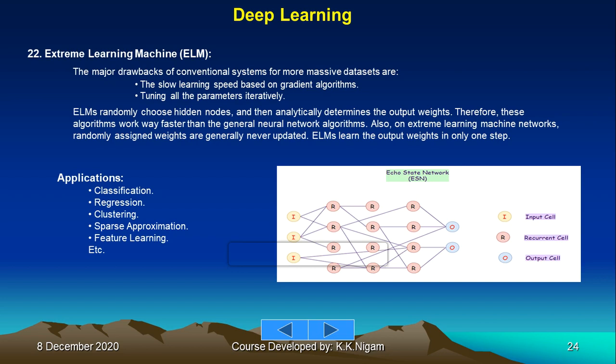Therefore, these algorithms work way faster than the general neural network algorithms. Also, in extreme learning machine networks, randomly assigned weights are generally never updated. ELMs learn the output weights in only one step. Applications for this are classification, regression, clustering, sparse approximation, and feature learning.